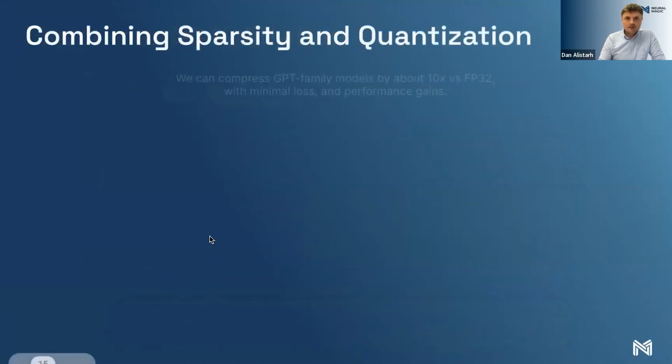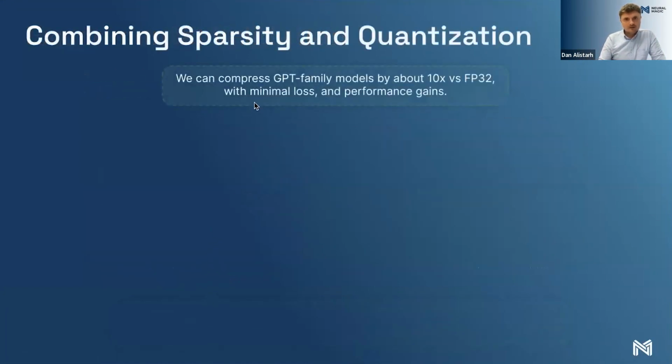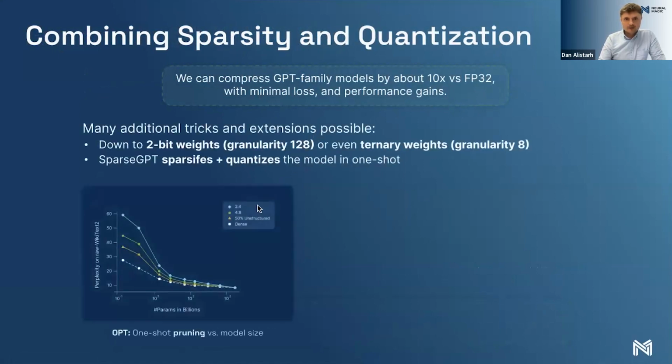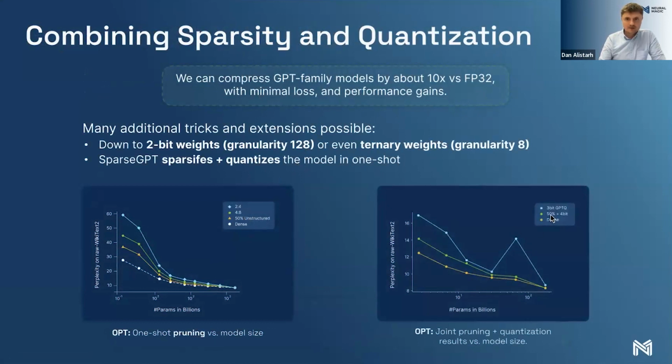On the other hand, one thing that's really nice with DeepSparse is that we can combine sparsity and quantization, and therefore we can apply combinations of sparsity, let's say 50% sparsity plus 4-bit compression of the remaining weights, and we're still able to do better than if we only did quantization.